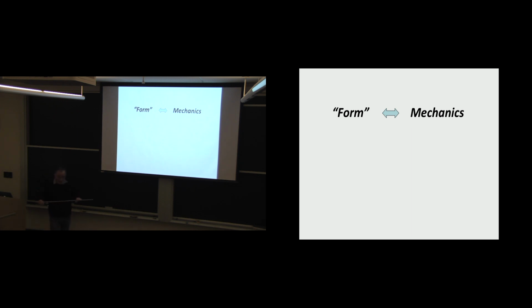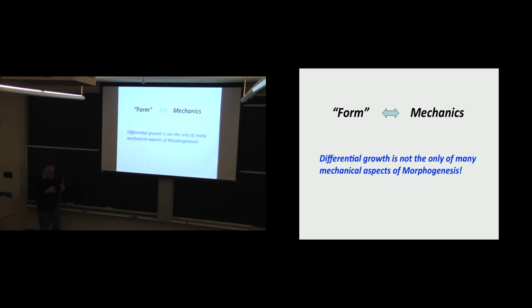So, in this little illustration, we see the direct connection of form, so the geometry, to mechanics. And so if we want to understand morphogenesis, we should be thinking about mechanics.